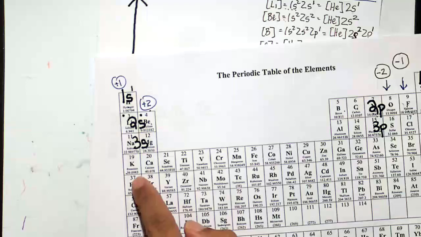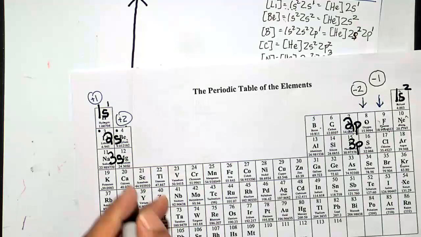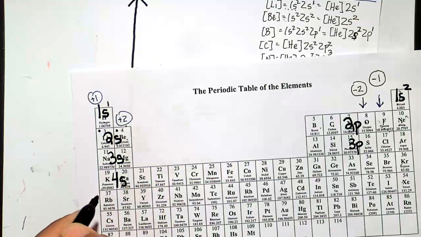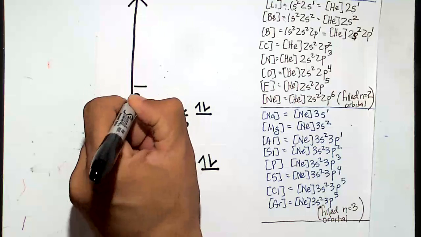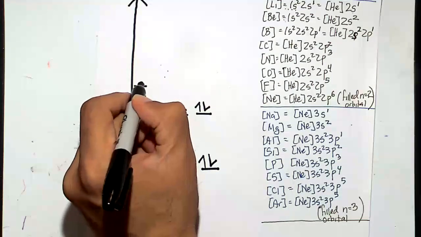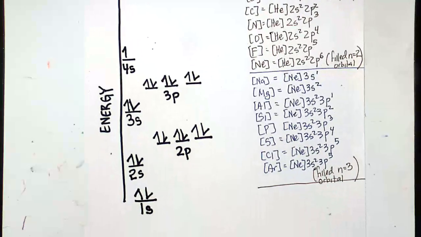All right, we filled up 3p. Now where will the next electron go? It's going to be potassium, which will fill up the 4s shell. So we're going higher and higher in energy. 4s shell, and we have 19 electrons. The 19th electron will go there.